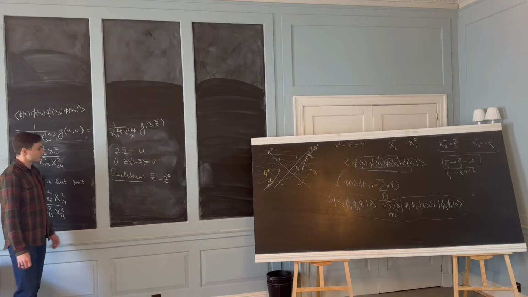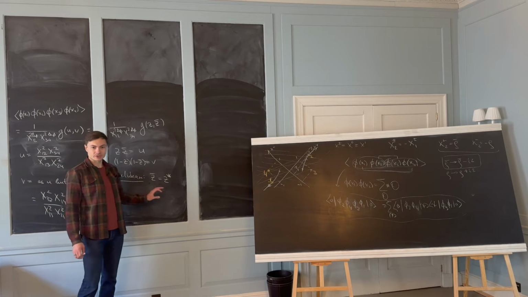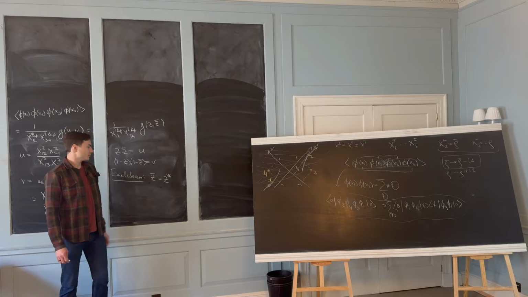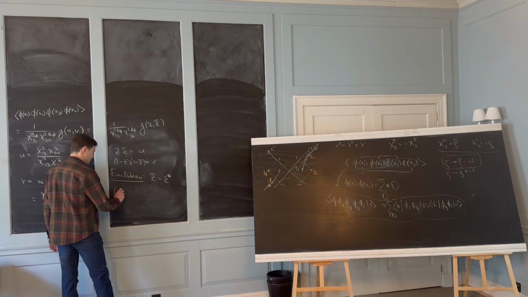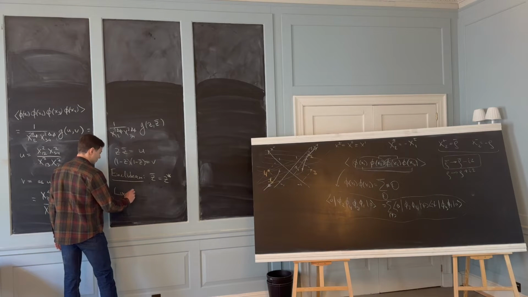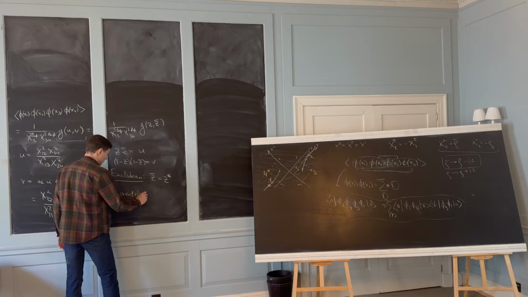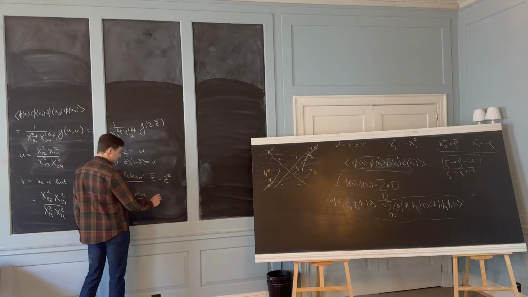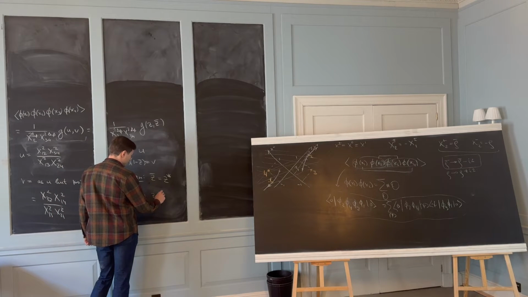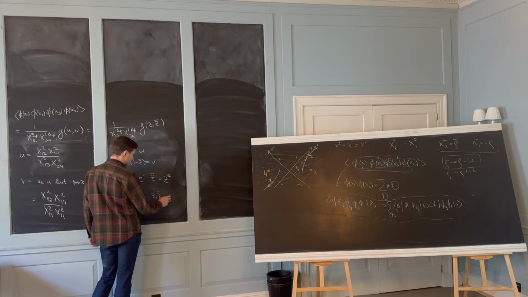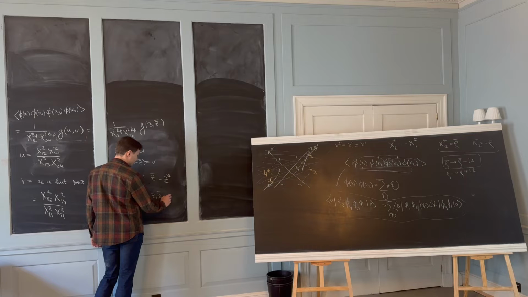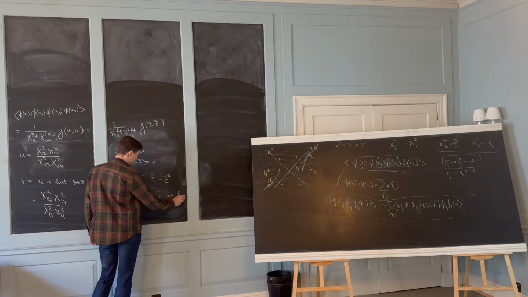So in Euclidean signature, this is true. Z bar is the complex conjugate of z. However, in Lorentzian, z and z bar, in principle, are not necessarily related, sort of independent.